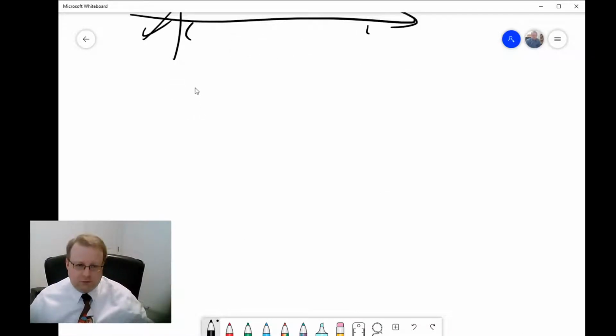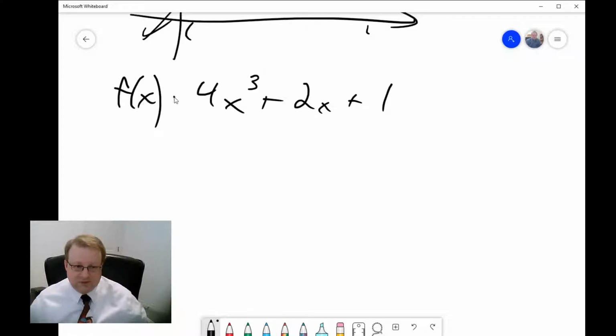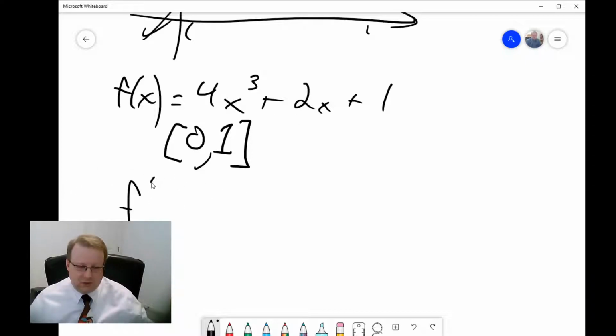So for example, I am inventing an example as we go here. If this is our f of x, and our interval is from 0 to 1, just to make those endpoints nice and easy to calculate, then somewhere in there is a point, c, where c is in that interval from 0 to 1, where the value of the slope equals the average value.